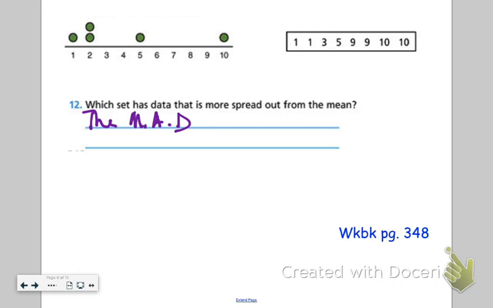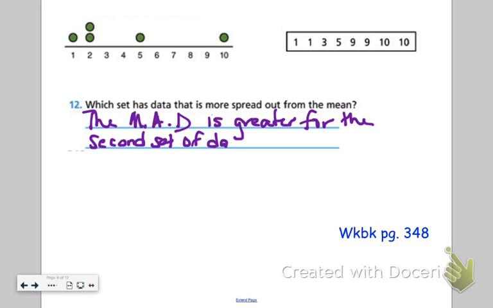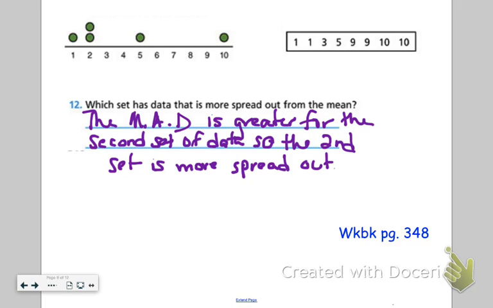The mean absolute deviation is greater for the second set of data. So the second set is more spread out. Because remember, we said that mean absolute deviation is a measure of variability. It tells us how spread out or how spread apart the data is.